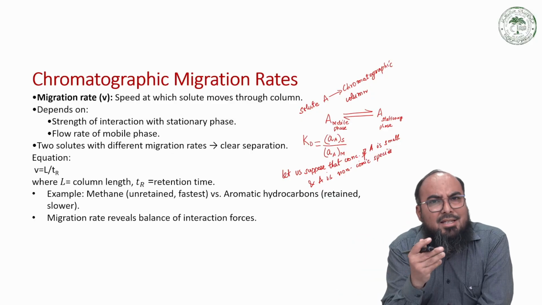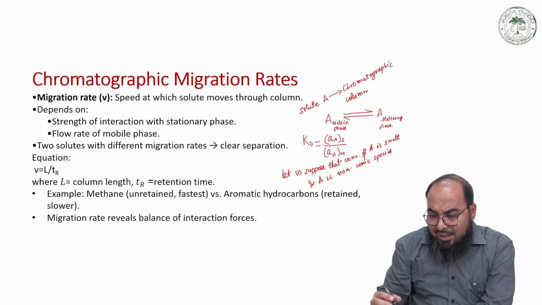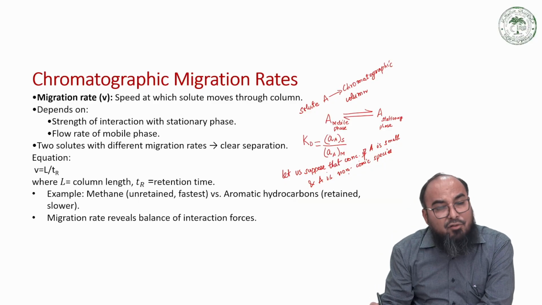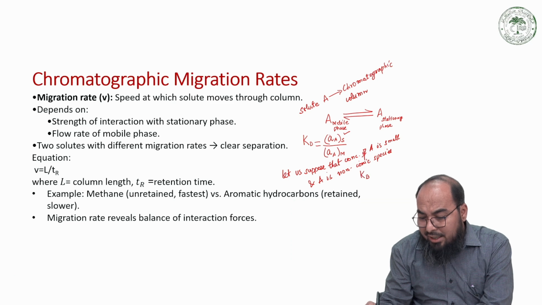Let us suppose an interesting case that A is non-ionic. Then in that case, we can define this activity in terms of its molar concentration. Then Kd can be defined as Cs upon Cm.